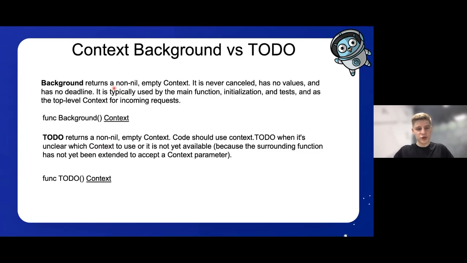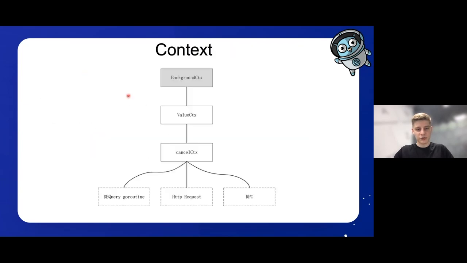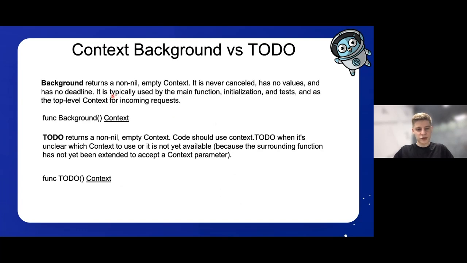So basically, background is usually required for the creation of any of these contexts, and TODO is used when you don't know which context you're going to use in your application, and you shouldn't use it in production for sure. Yeah, so as you can see here, this statement from the documentation: you use TODO when it's unclear which context to use or it's not available.